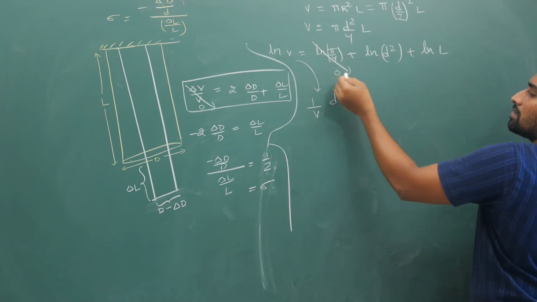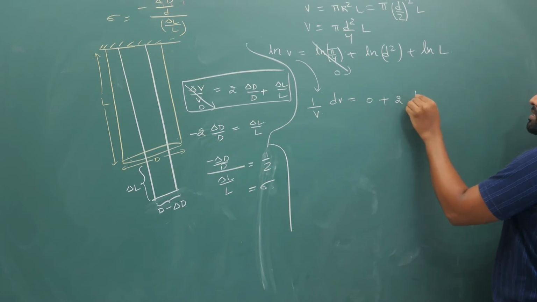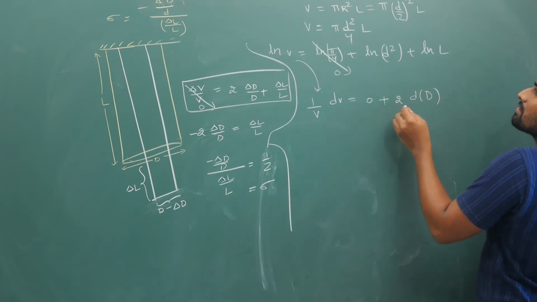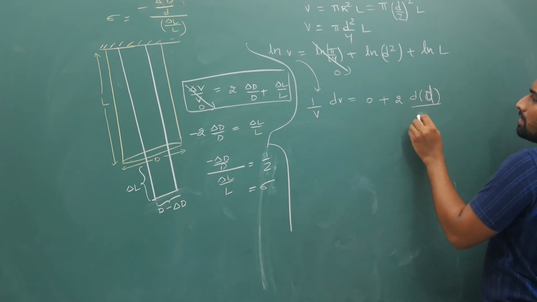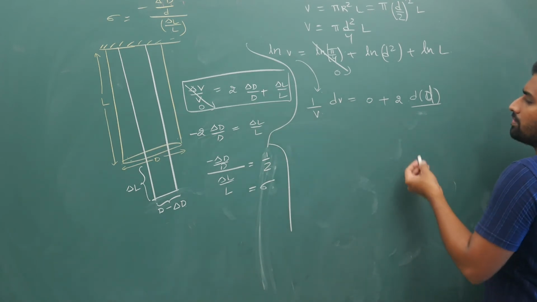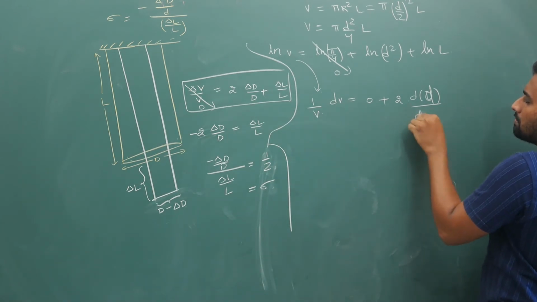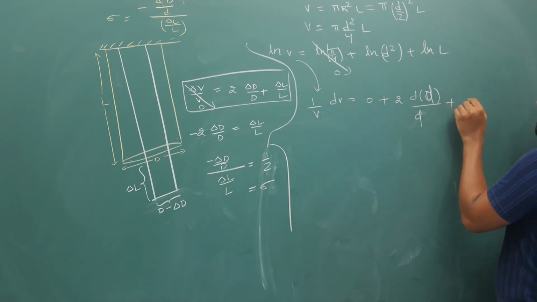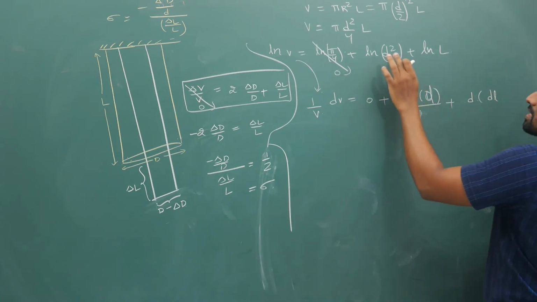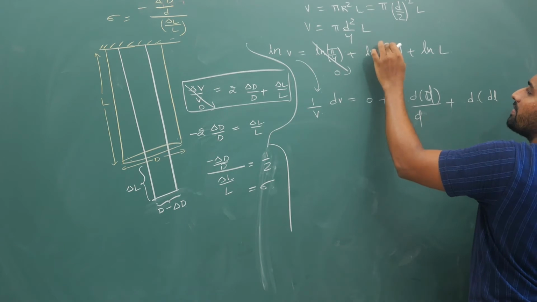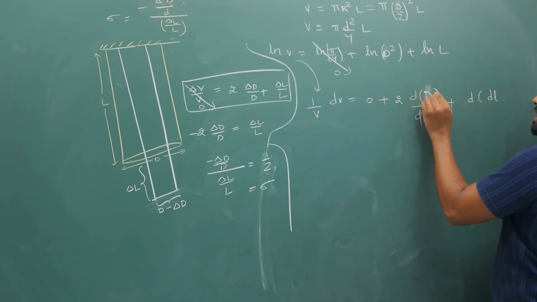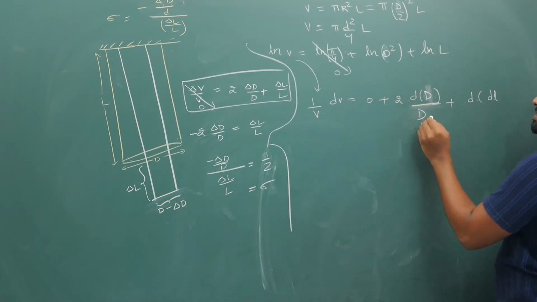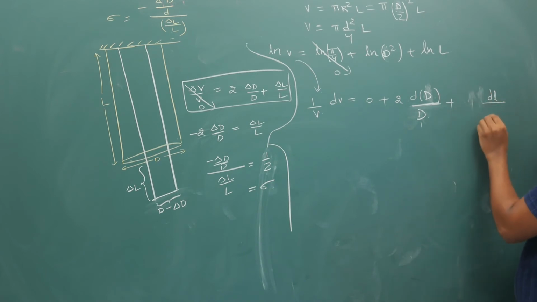That is equal to, this term is constant so its derivative is 0, plus 2 times the derivative of the diameter, small d, by capital D, plus the derivative of ln L, which will become dL by L. I am writing capital D for the diameter so that you do not get confused with the derivative symbol.